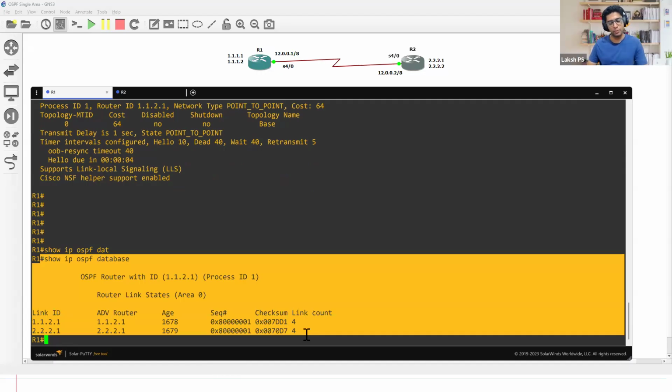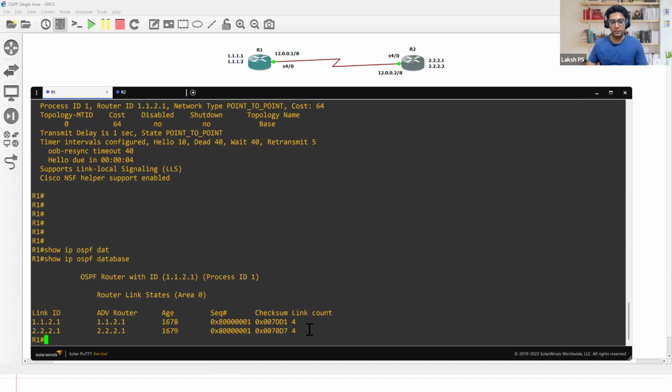We will discuss this database probably later. Because this is just a very beginner OSPF level, I will not go in depth about this database part. If you want to understand how OSPF works from a database perspective, you can buy my CCNP course, which goes in depth about how OSPF works, what these databases are, etc. Because this is basic to advanced, I'm trying to stick to the basic level so that everyone can understand.